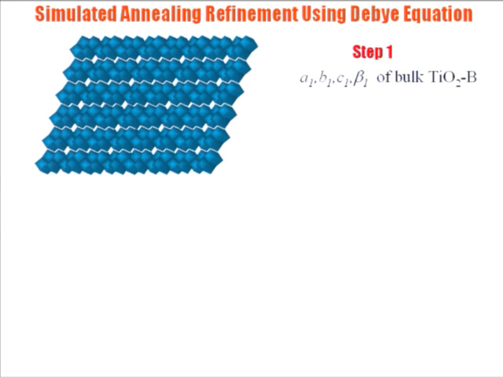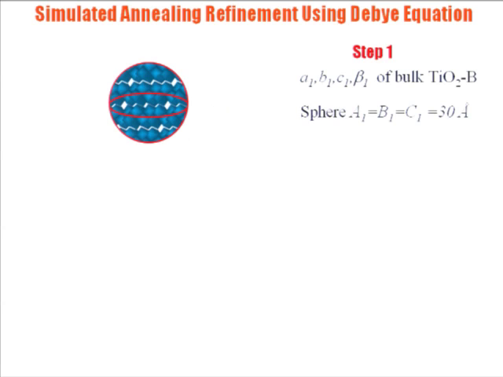The refinement procedure here was simulated annealing, and at the first step of the refinement, we took just the lattice parameters of the bulk, created a chunk of the structure, and cut out a sphere. I use these 3 diameters because these will become the axes of the ellipsoids in subsequent steps.